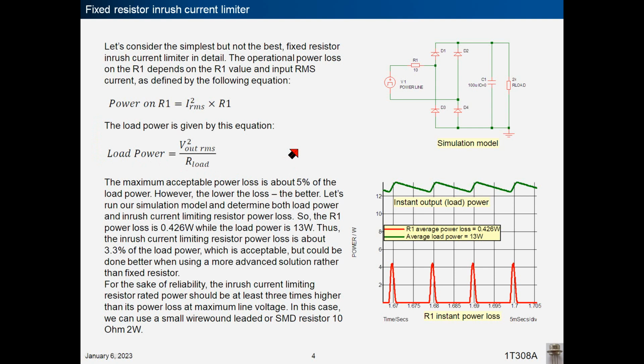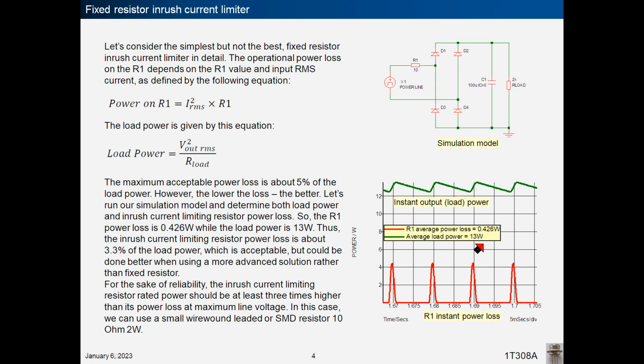Let's run our simulation model and determine both load power and inrush current limiting resistor power loss. The simulation results are shown here. So, the R1 power loss is 0.426 watts, while the load power is 13 watts.